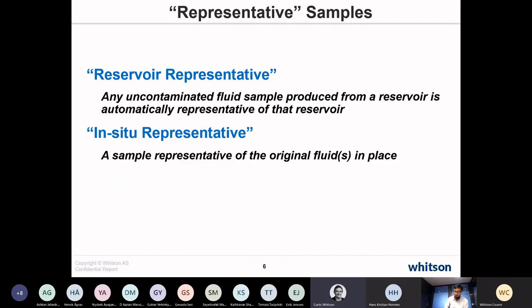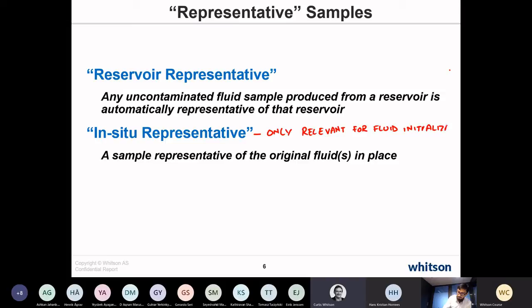Now, those samples need to be, A, not contaminated by oil-based mud, and B, not altered from the in situ composition by multi-phase flow, like you're talking about, flowing below the dew point in a gas condensate, or likewise for an oil. So you basically have two requirements.